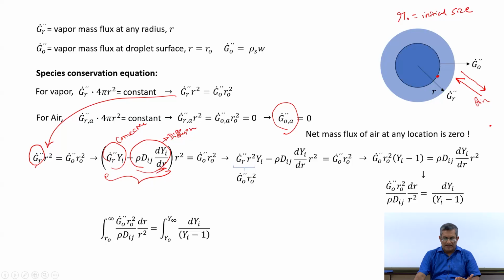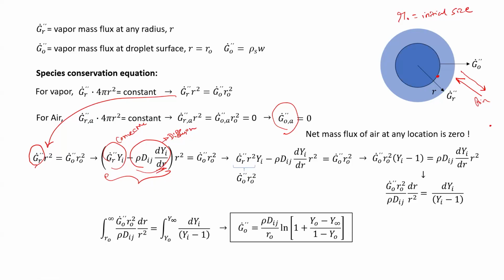So, by integrating this, we get this expression for the vapor mass flux, okay, which is equal to density times diffusion coefficient or diffusivity divided by r naught ln 1 plus this parameter, and this is known as mass transfer number, because this is basically the driving force behind the evaporation process.